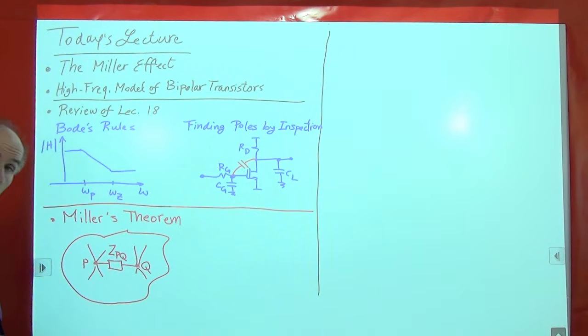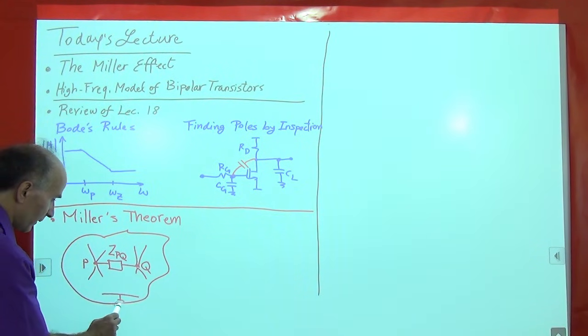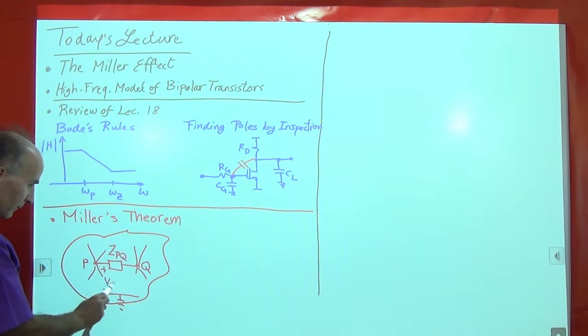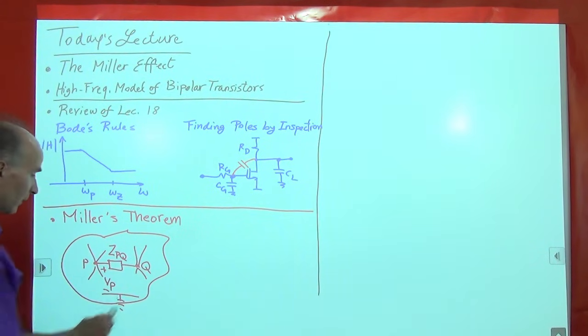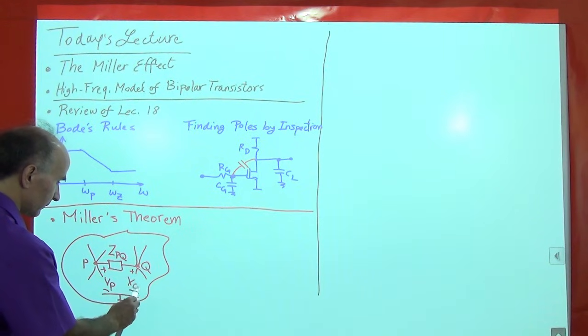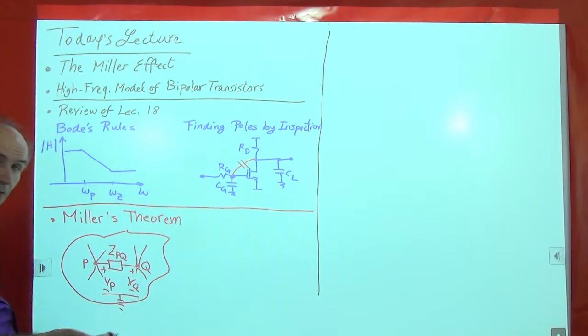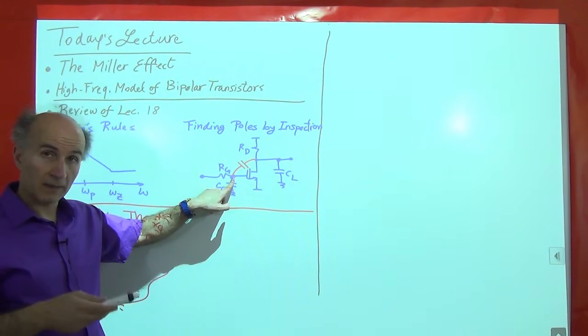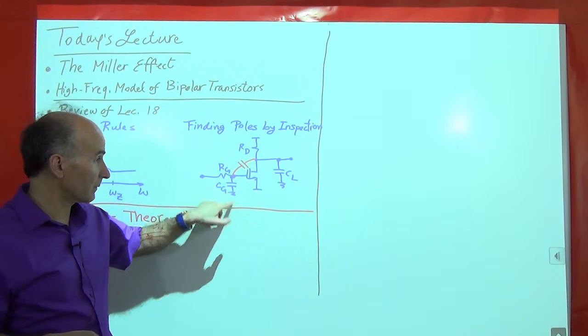All right, now we also know the voltage from node P to ground. So let's say there's a common ground here, and we call this voltage V_P. And we also know this voltage V_Q. Okay, that makes sense, right? In the circuit, I should be able to find this voltage in AC, in small signal analysis, with respect to ground.